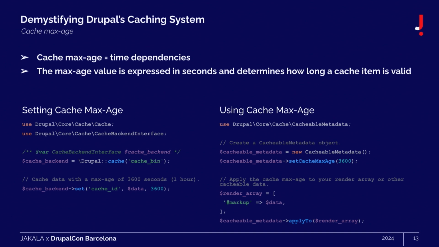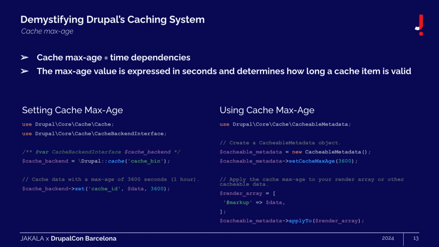Last thing, we have cache tags, cache context, but in the end, we can say our cache data can stay cached for a certain amount of time. And responsible for that is cache max age. Cache max age takes an integer value, it's in seconds.